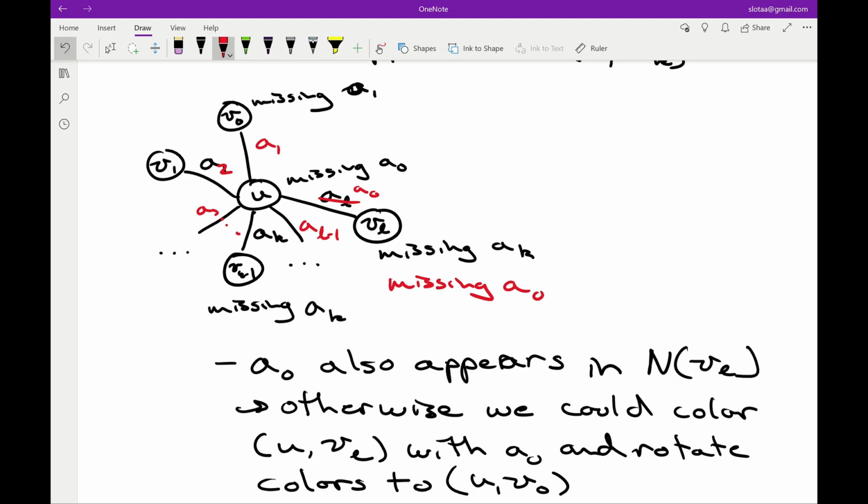Like we had before, we said that V naught is missing A1. The implication there is that it also contains A naught in its neighborhood, because otherwise we could just trivially color it there.